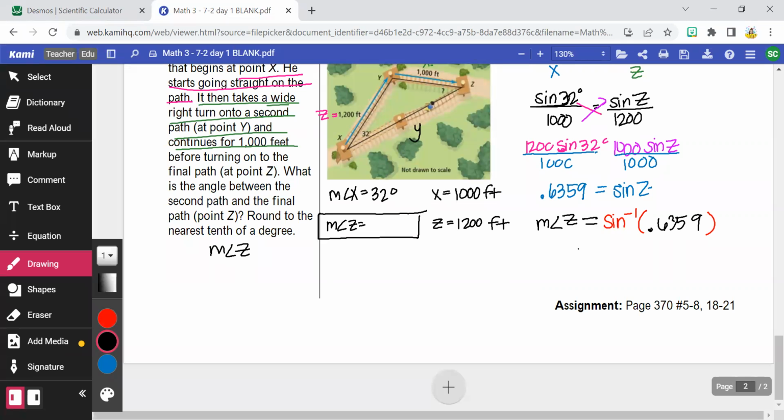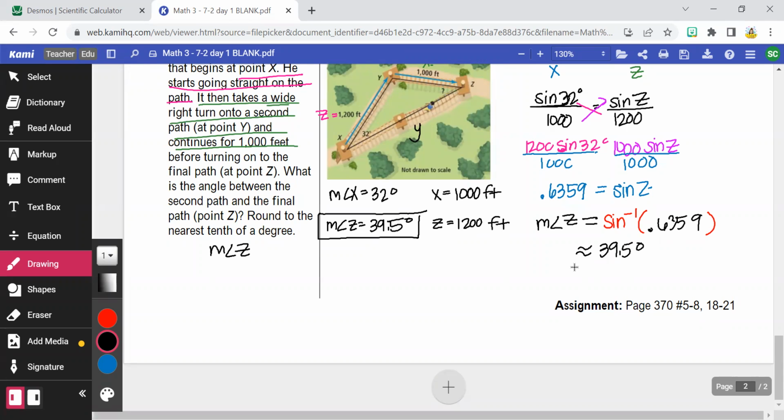So the measure of angle Z is approximately 39.5 degrees. So their angle if they turn at that final path is 39.5 degrees. Remember, we said that it should be bigger than 32 because 1,200 is bigger than 1,000. So that checks out good.